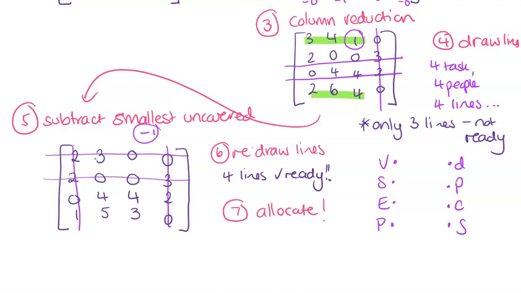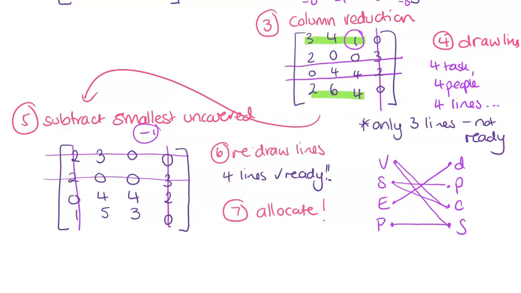And everywhere we see a 0, so in Vanita's row, her possible allocation is to cutting and sewing. Stan could do purchasing or cutting. Ebony can only do designing, and Philip can only do sewing.